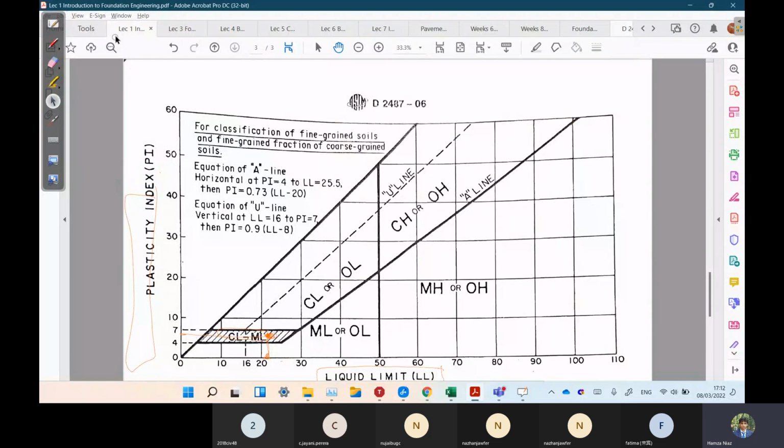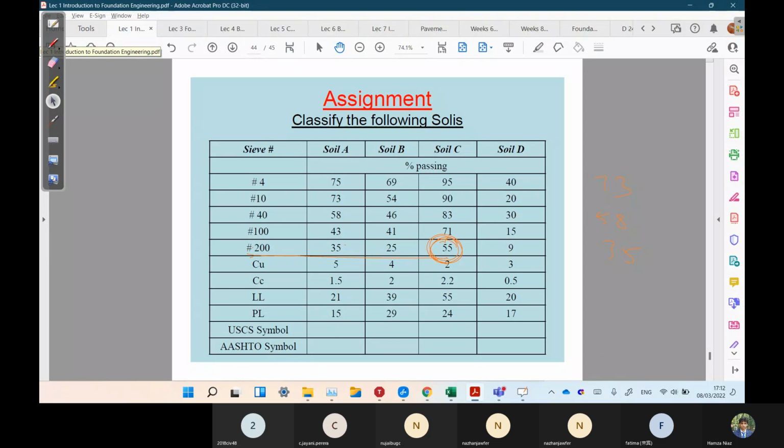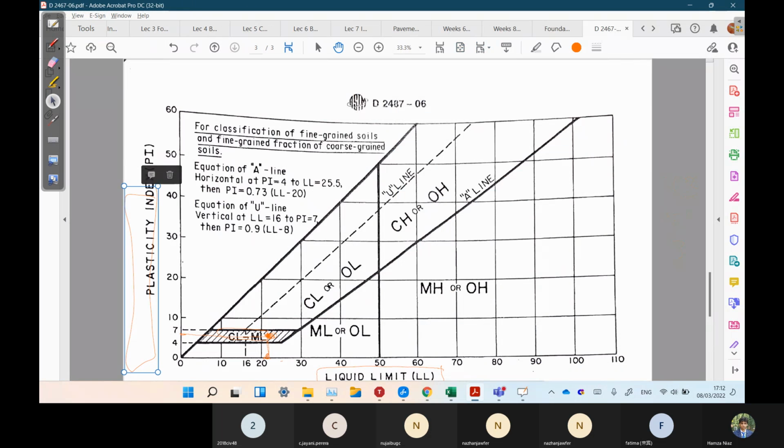Its plasticity index is liquid limit 55, 55 minus 24, so 31. So our liquid limit is 55, and plasticity index is 34. So 34 and 55. Our soil would be lying in this portion.